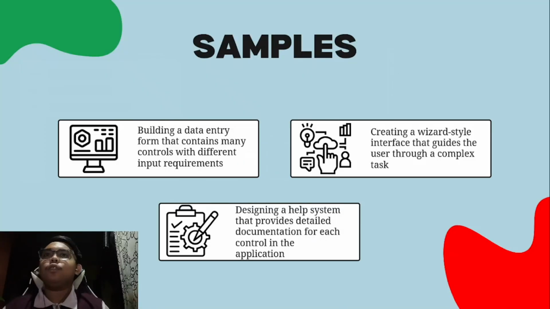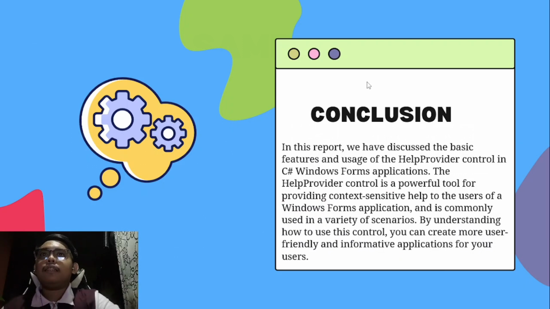And for the conclusion, in this report we have discussed the basic features and usage of help provider control in C# Windows application. The help provider control is a powerful tool for providing context-sensitive help to the users of a Windows application, and is commonly used in a variety of scenarios.